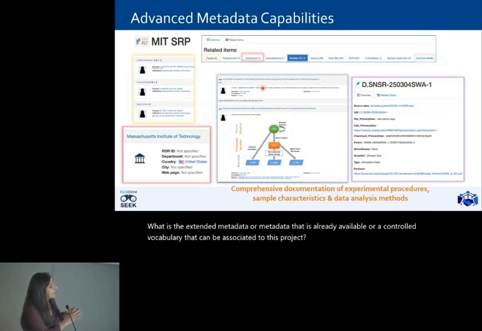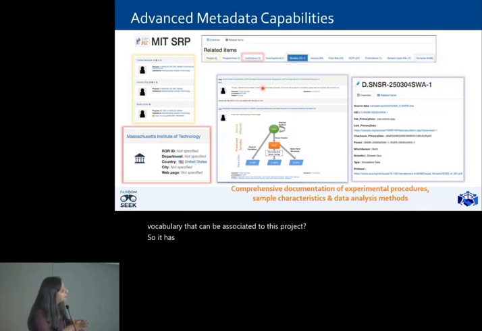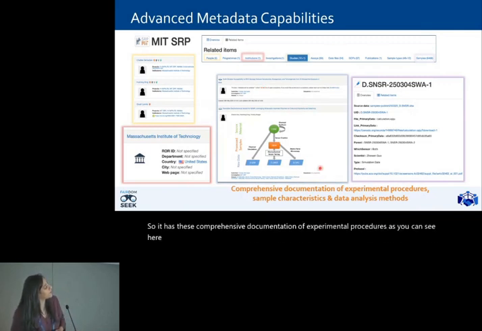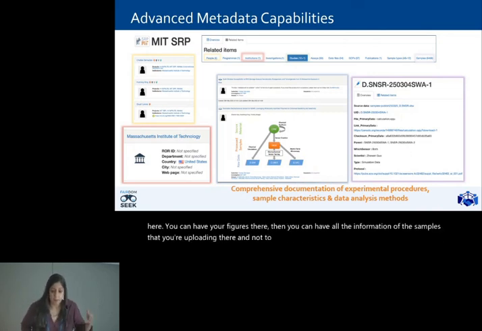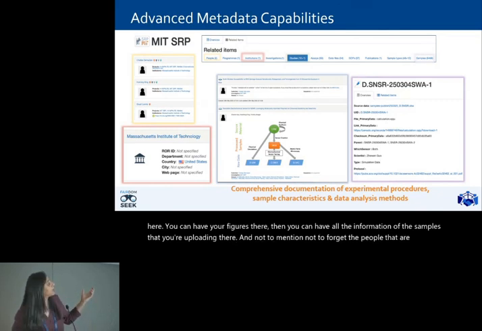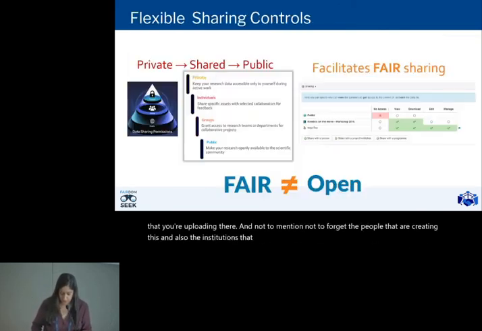So it has this comprehensive documentation of experimental procedures. As you can see here, you can have your figures there, then you can have all the information of the samples that you're uploading there, and not to forget the people that are creating this, and also the institutions that are involved in these projects.